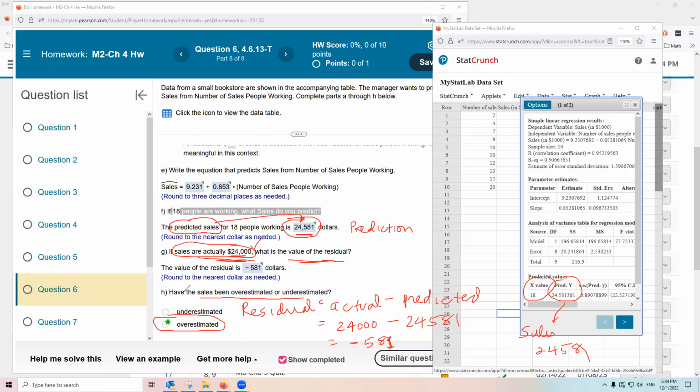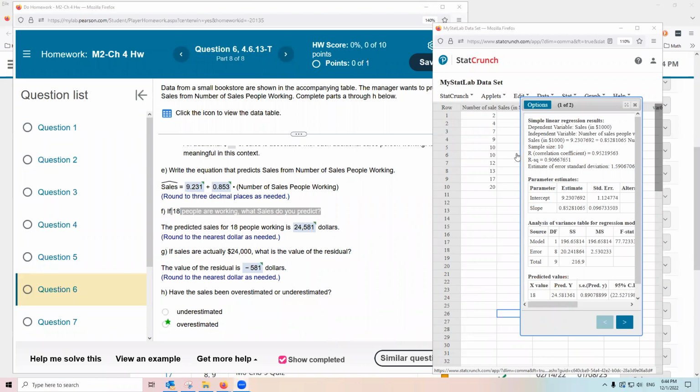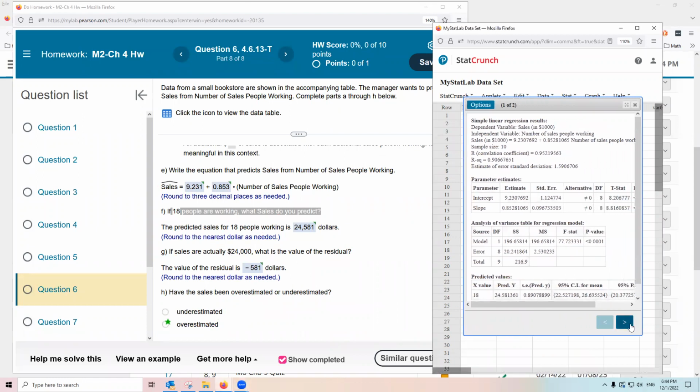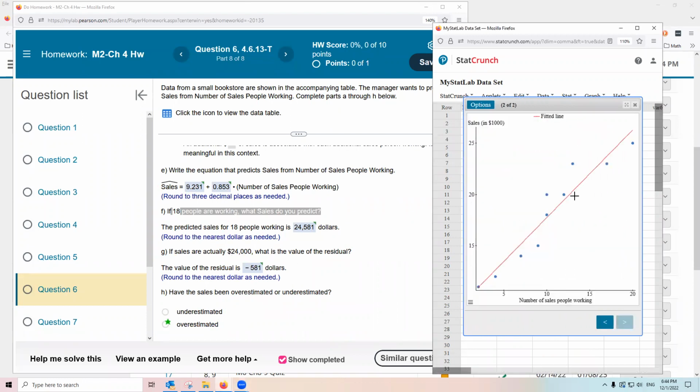All right, so StatCrunch came up with this equation of the best fit line through the data points. And remember, that equation is the equation of this straight line that shows up on the scatter plot. So this red line is governed by this equation that we just came up with.